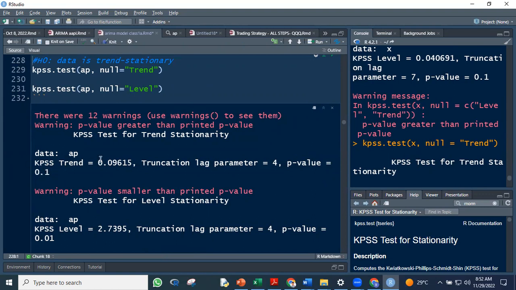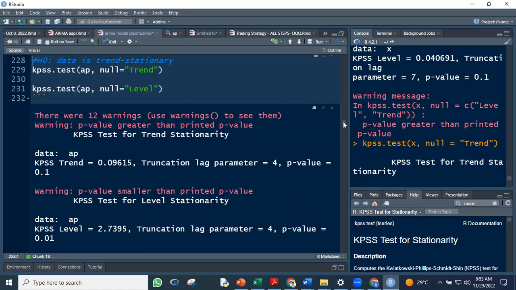So we fail to reject the null hypothesis that the data is stationary, meaning it has trend stationarity, which is wrong. Here, for level stationarity, we reject the null hypothesis that our AP data has level stationarity. This one is correct. Now, why is there a conflict with our AP?